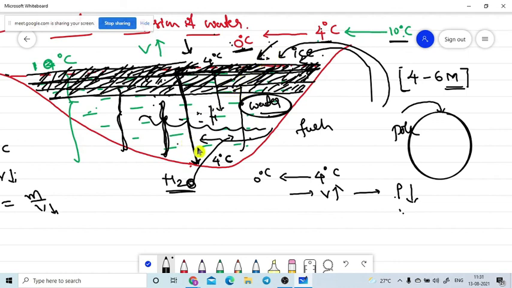That's why the animals which depend on the water continue their lives even for 4 to 6 months while the top layer of the river is frozen. It is a very useful advantage of the anomalous expansion of water.